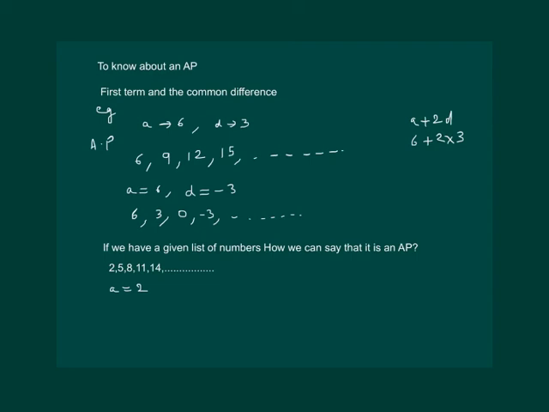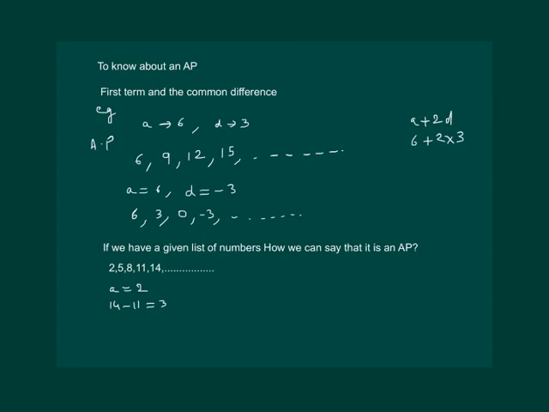So d can be found out by subtracting any term from its succeeding term, that is, the term which immediately follows. For instance, if we subtract 11 from 14, our d comes out to be 3.